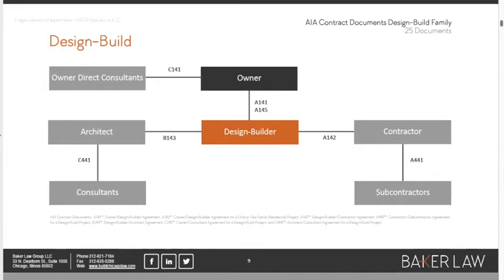The owner in this project delivery method has decided that it's going to have one party, so you don't have the architect pointing at the contractor for a problem and the contractor pointing at the architect. The owner's got that single point responsibility that's so useful. Part of the trade-off, though, is that they don't get those sweet nothings whispered into their ear by the architect, because the architect isn't working for the owner, it's working for the design builder.